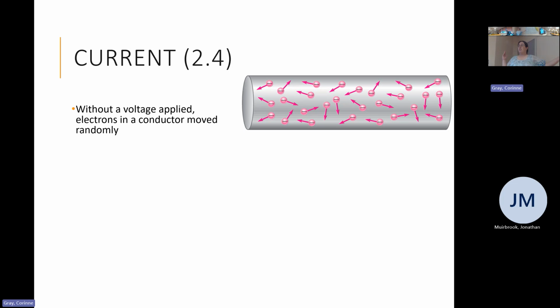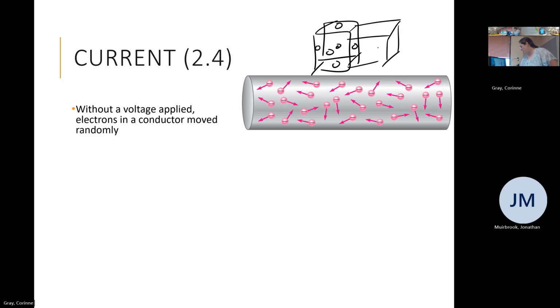They're just kind of moving around randomly, so no voltage being applied. You have your structure, assuming it's silver or whatever, and your electrons are just going to be randomly bumbling about.